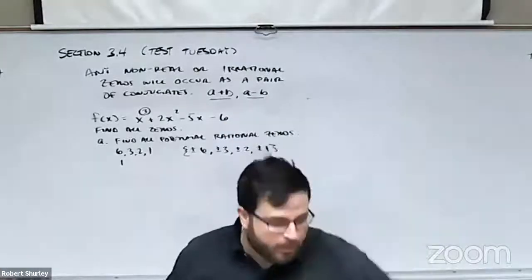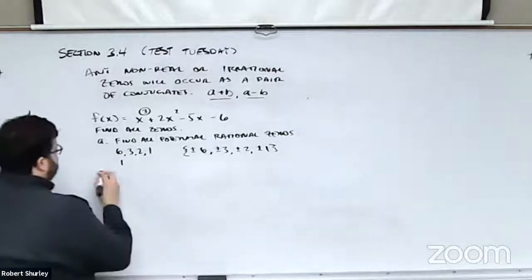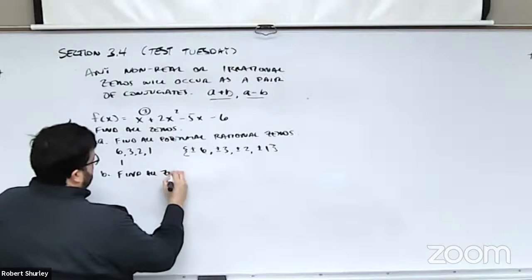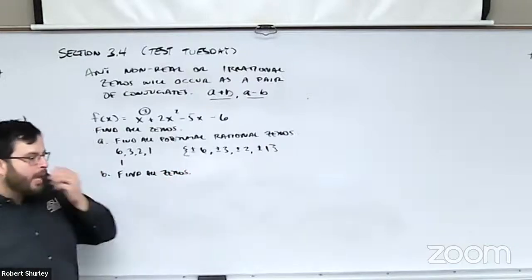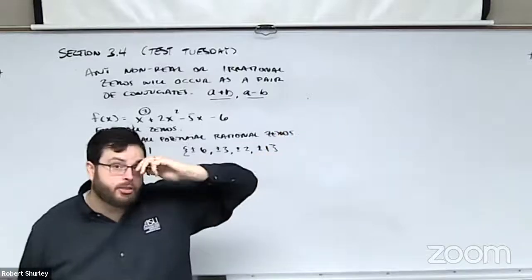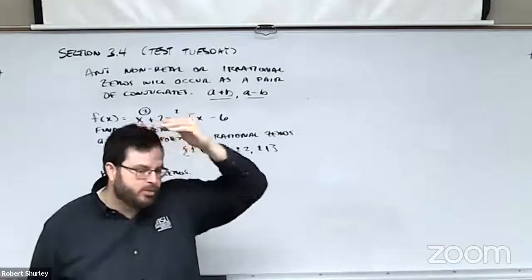For part B, it's going to say find, now I'm going to say find all zeros. Now, I want you to raise your hand if you want to talk, so you don't feel like you're talking over someone, because I know that's so annoying.